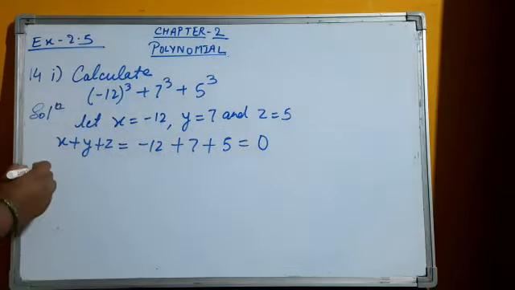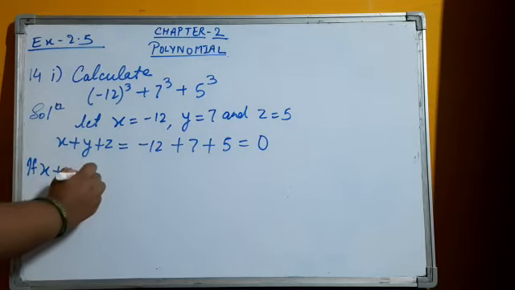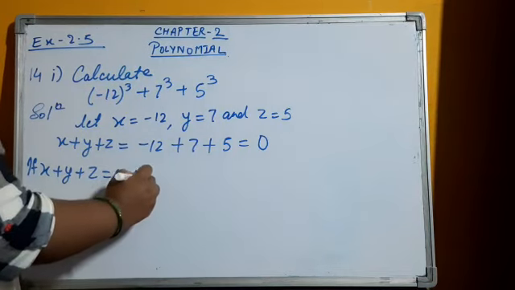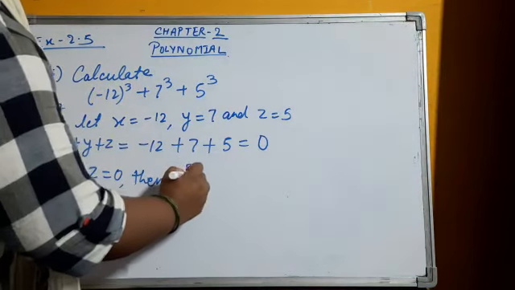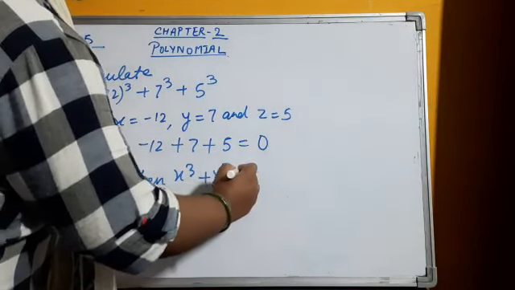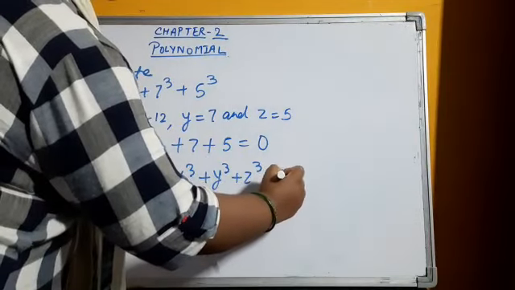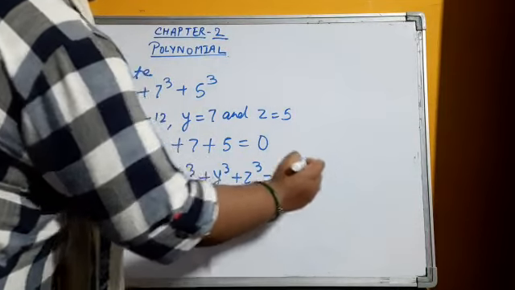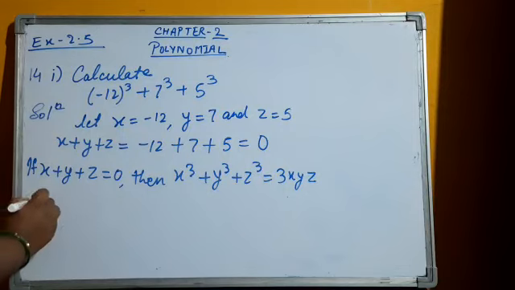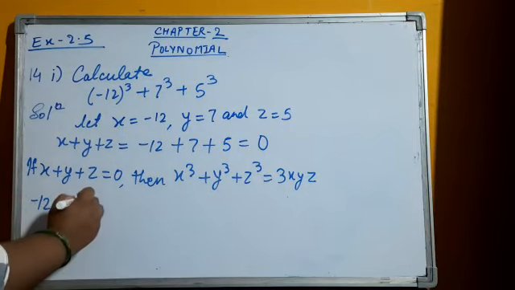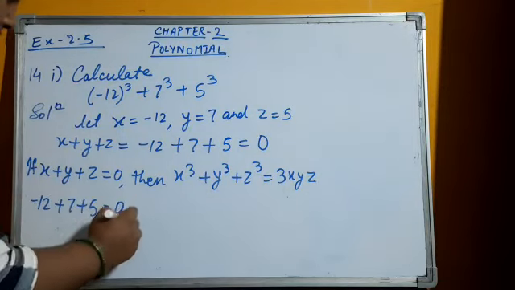Just now what we have studied is that if x plus y plus z is equal to 0, then x cube plus y cube plus z cube is equal to 3xyz. So in the same way, minus 12 plus 7 plus 5 is coming 0.